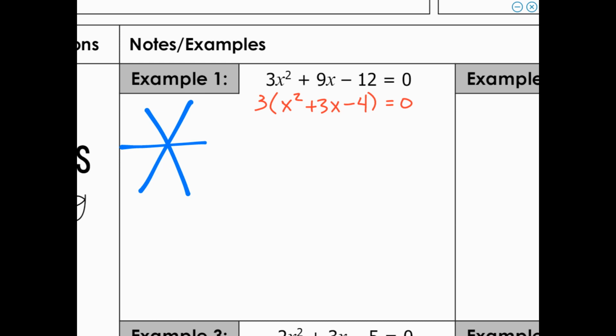Well, not 3, because my A is actually 1 right there, right? So the 3 just comes down to be put in front of whatever my factors are going to be. Okay, but it's not my A anymore. So -4 times 1 is what? -4. And then what goes in the bottom? 3. And on my sides? 1.